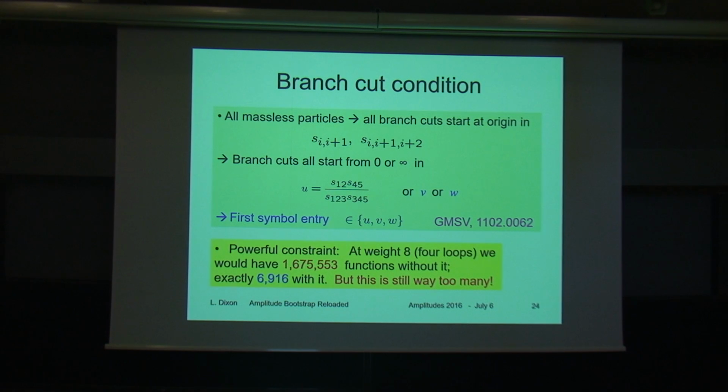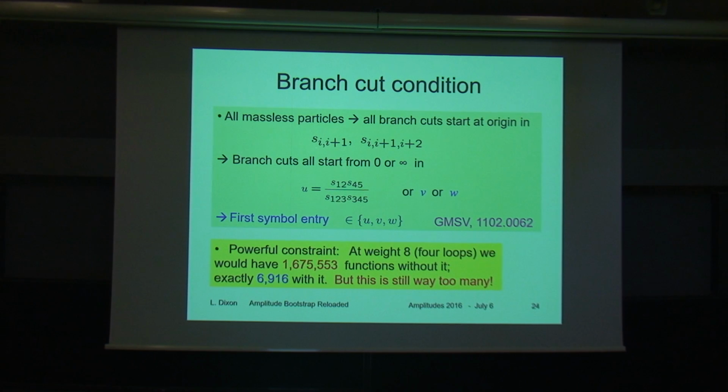The first thing we do before we construct the function space is we say, what are the first letters of the symbol? Or what are the functions whose derivatives eventually we have to wind up with when we compute all the way down. And Gaiotto, Maldacena, Sever, Vieira pointed out that the first symbol entry always has to be not any one of these 9 letters, but just a subset, the three cross ratios.